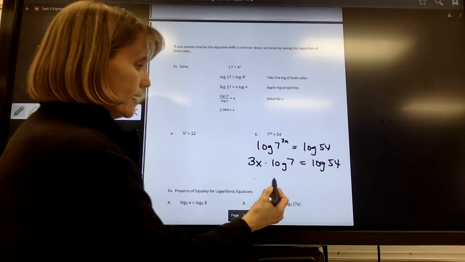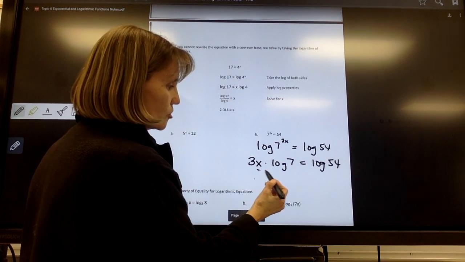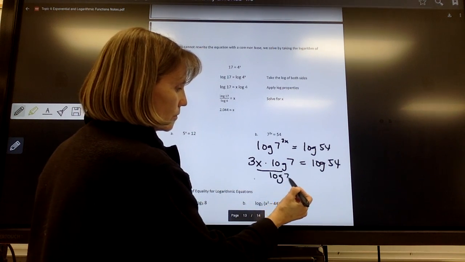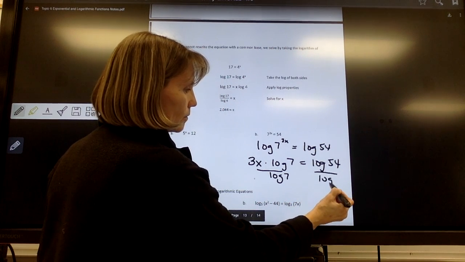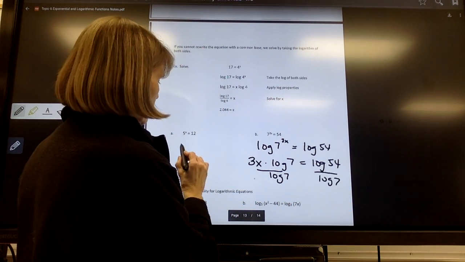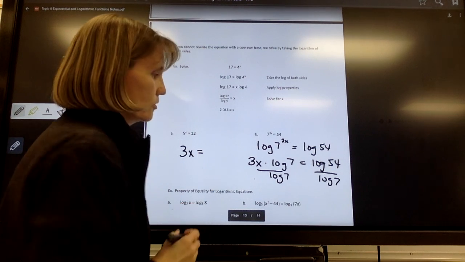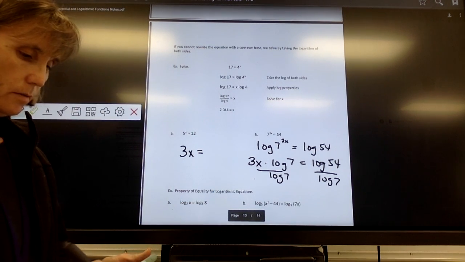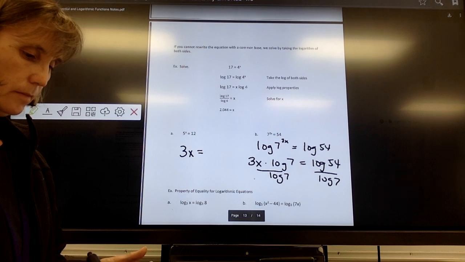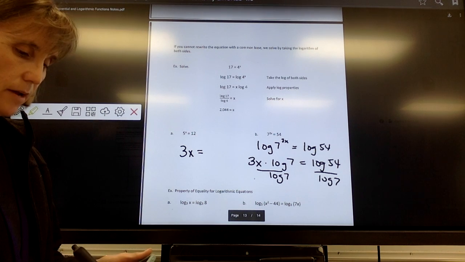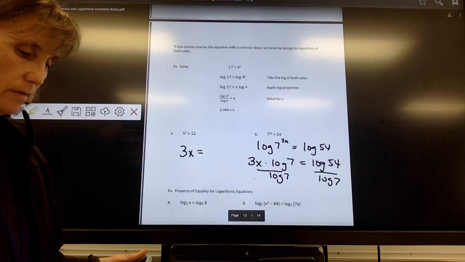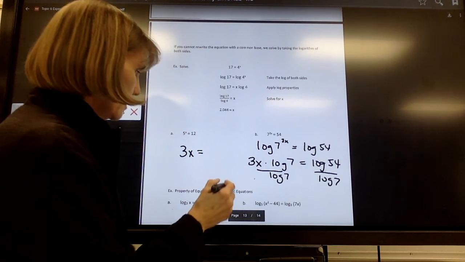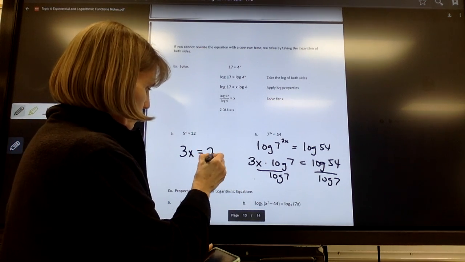We want to divide. We're going to undo this multiplication by dividing by the log of 7. So I'm going to get 3x equals log 54 divided by log 7, and I get a value of 2.050.